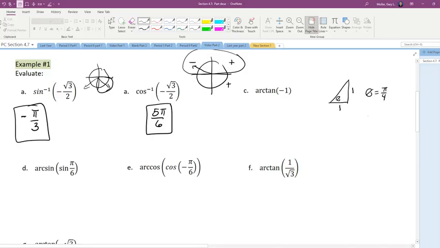So what pi over 4 angle has a negative tangent? That's going to be one that's down in either quadrant 4 or quadrant 2, but arctangent's going to give us the answer right here. So theta equals negative pi over 4.